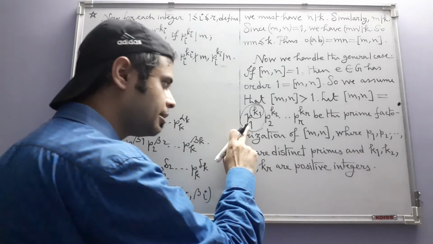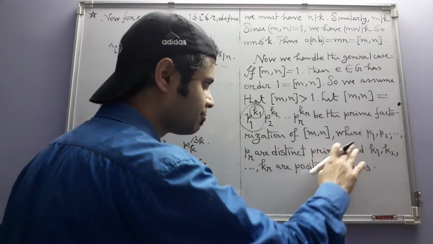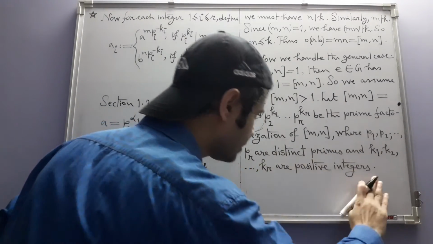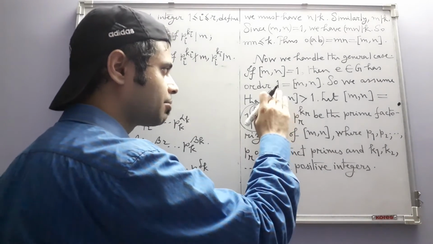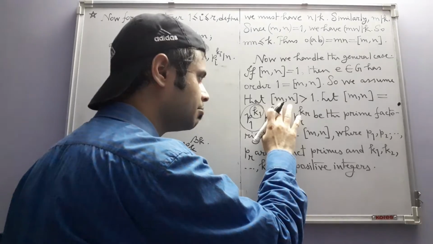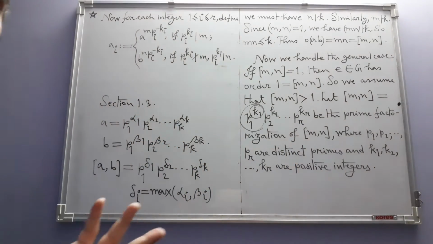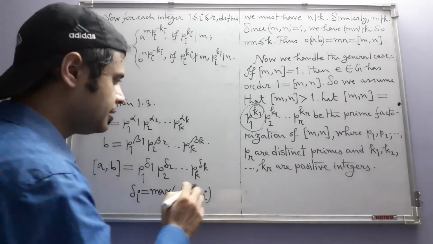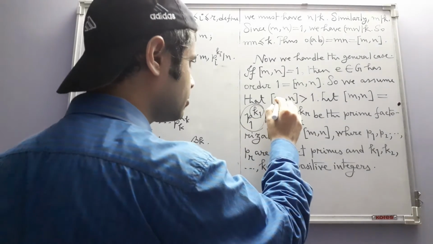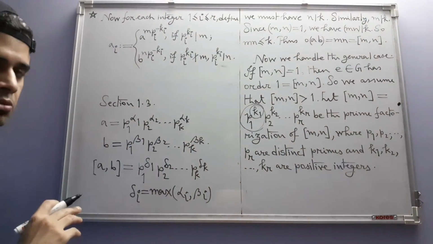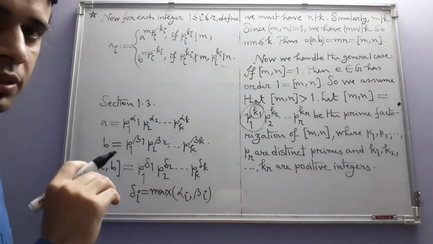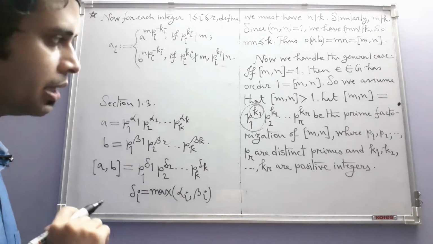So because it has appeared here and we have assumed that all the k's are positive integers, p1 appears in the prime factorization of either m or n, or maybe in both. In any case, p1 is there, and so in the prime factorization of m there is a power of p1, and in the prime factorization of n also there is a power of p1.